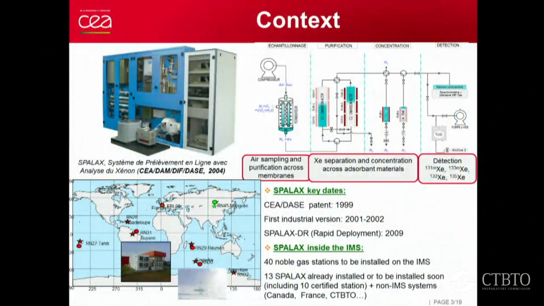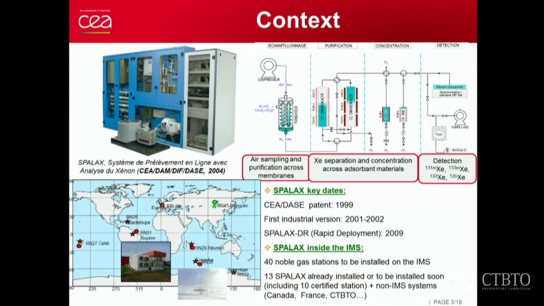And if I talk a little bit about the history and the key dates, 99 was a key date because it was the year of the patent. The first version of the industrial was developed in 2001 and 2002 at the period of the Fribourg noble gas intercomparison. And 2009 was also an important date because it's the development of the shelter version, mobile version of the SPALAX.